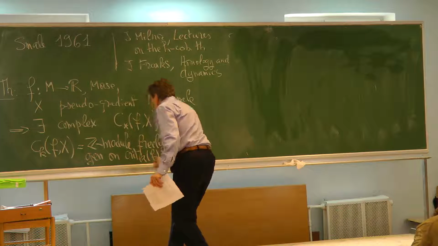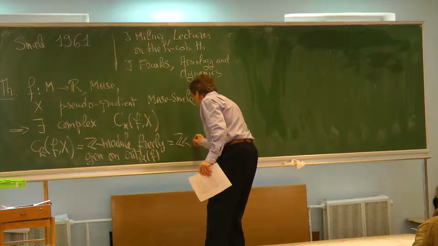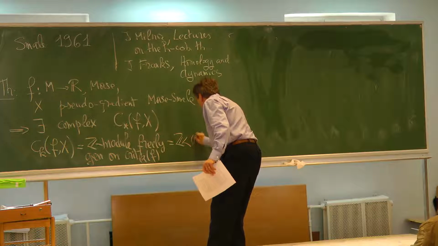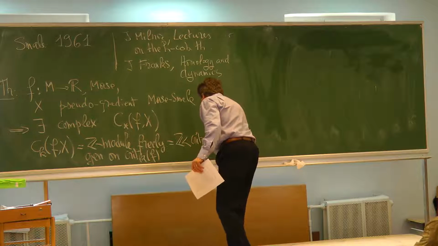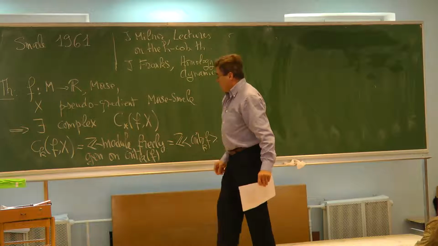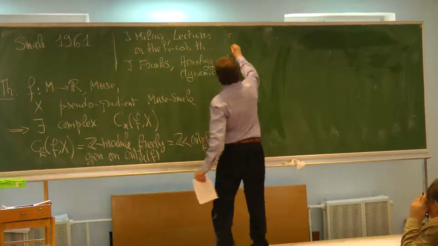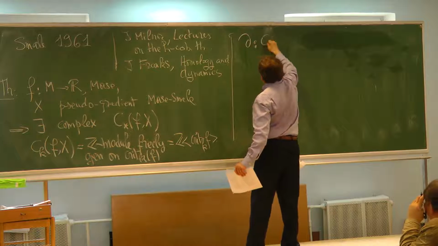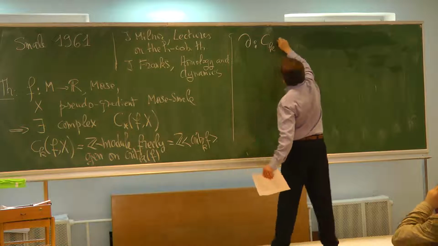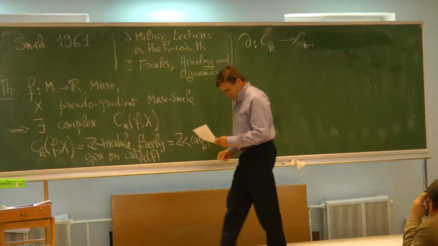So it is Z bracket Crit_k of f. And there is a differential delta from C_k to C_{k-1}, which is given by the following formula.